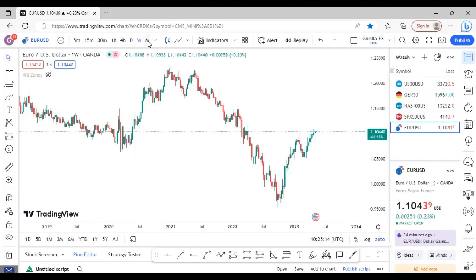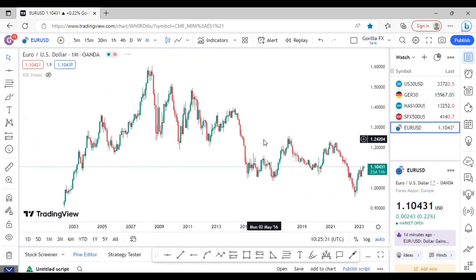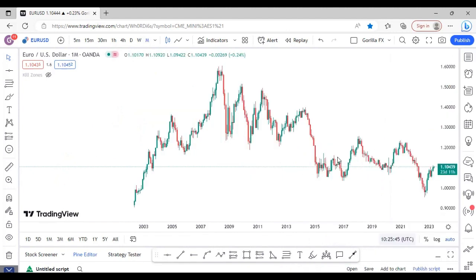So what I see on a weekly time frame on indices happens on a currency on a monthly time frame. So a monthly time frame is the same as a weekly time frame from indices. So let me just show you.